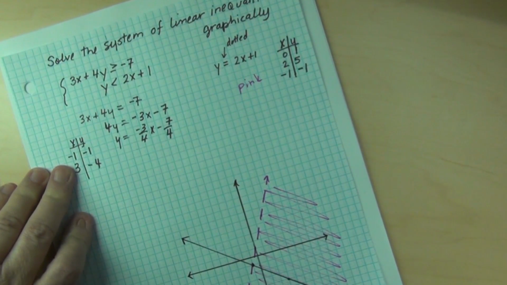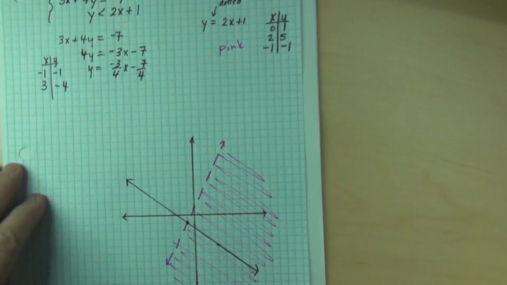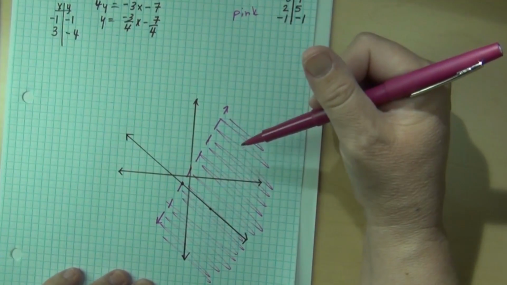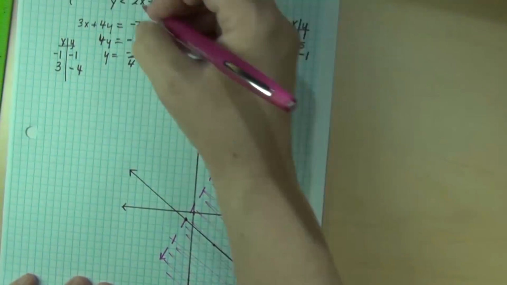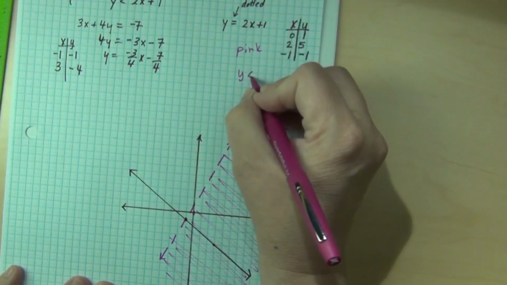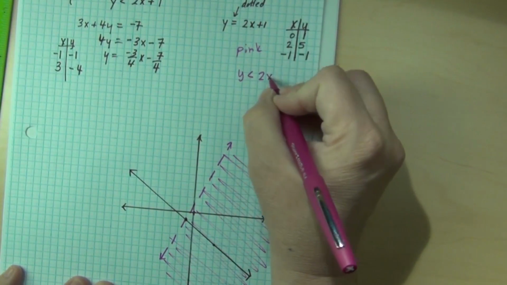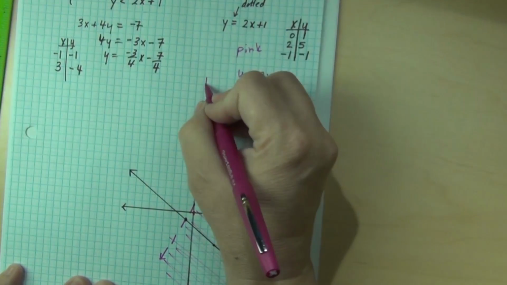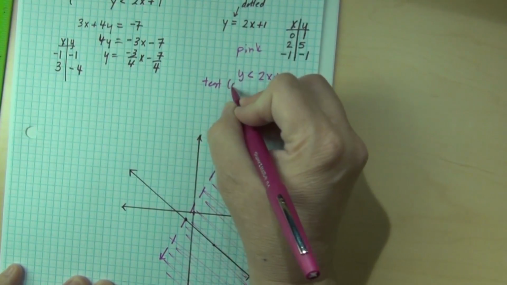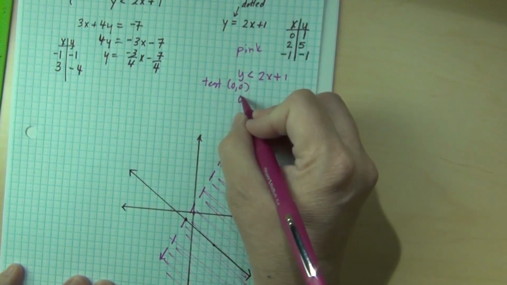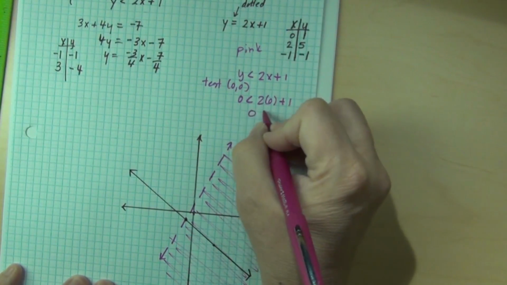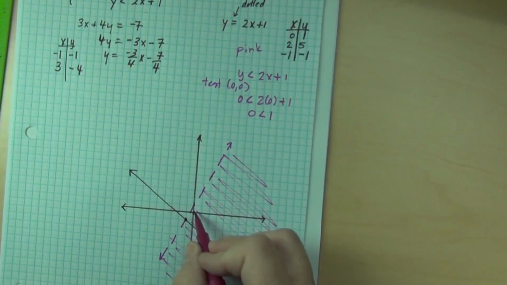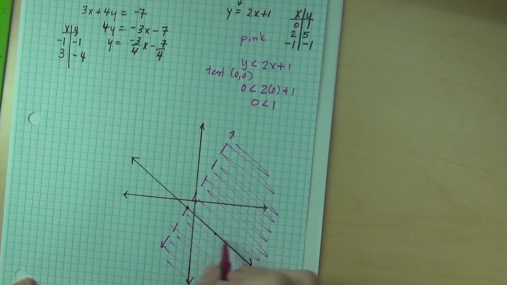I'm going to shade over here lightly with the pink, and let's test the point 0, 0, which is in here, and we want to test it back in the original inequality. We're testing the point 0, 0, so I put 0 in for y, and I put 0 in for x. And I get 0 is less than 1, and that's true. That point does work, and this is the solution area.